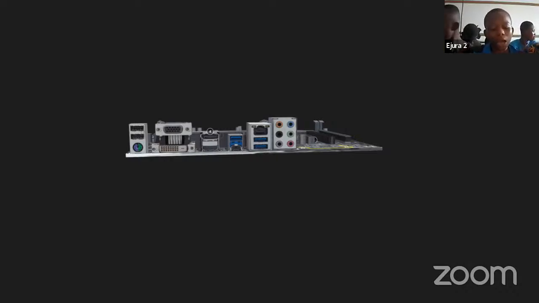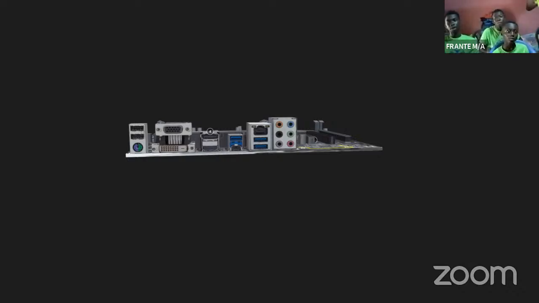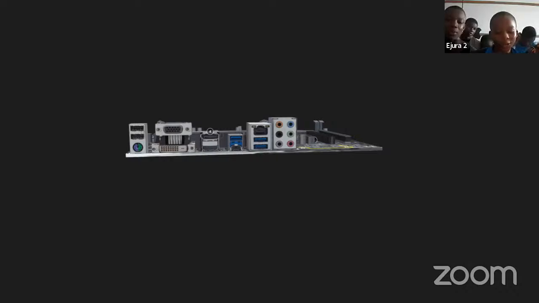So we have the mouse, traditional and wireless. It's not mouse. RAM. One, dynamic RAM.